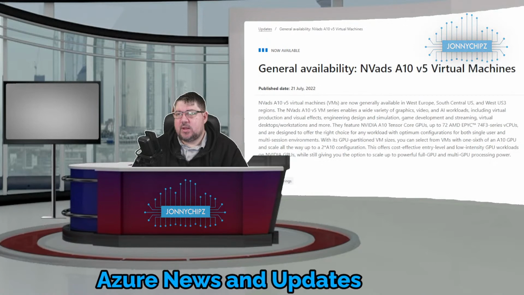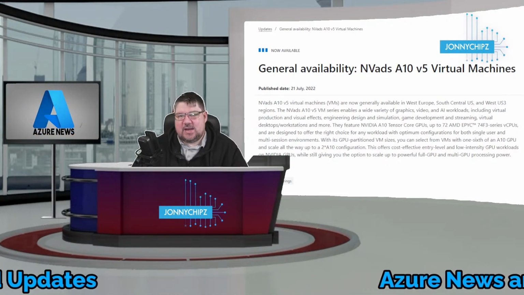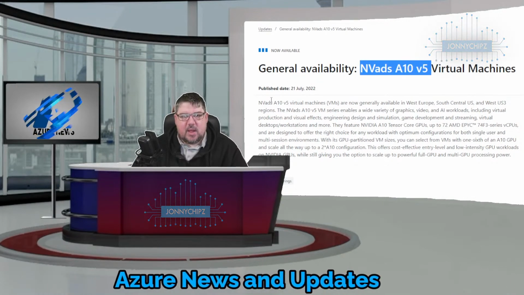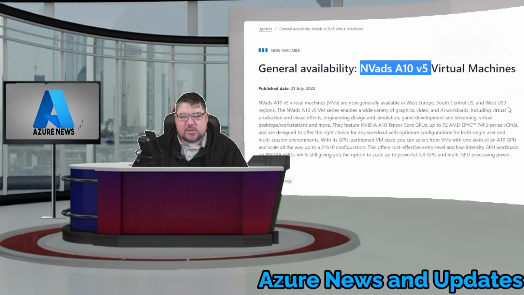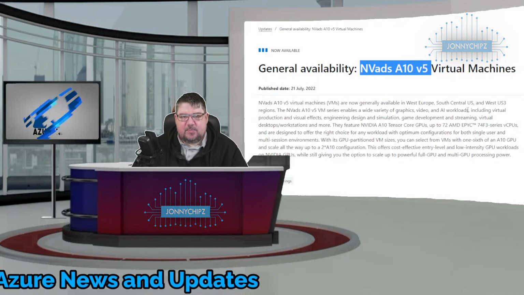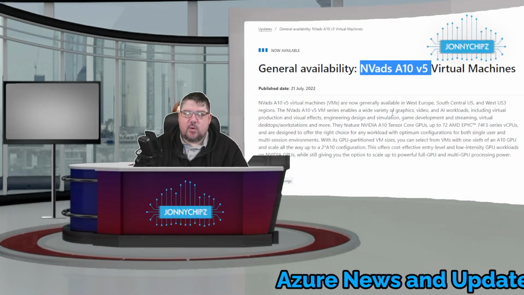That's a good feature. And finally, generally available: NVadsA10v5 virtual machines. Yeah, great. They're available in West Europe, South Central US, and West US regions. I'm just trying to see. These NV are for graphics, video, and AI workloads.